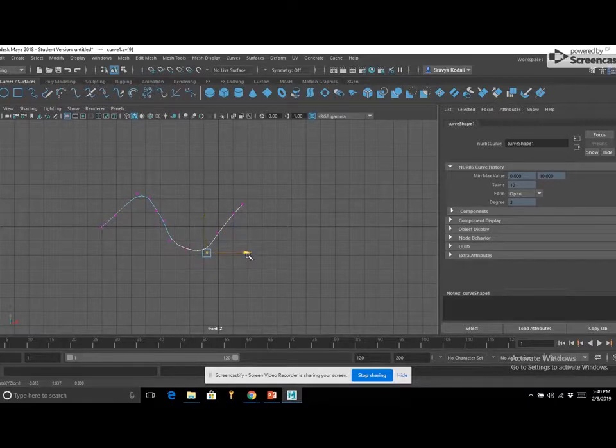In this way we can move the curve after drawing it, and we can also adjust the scale this way.